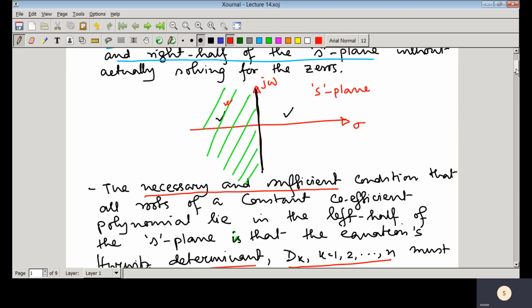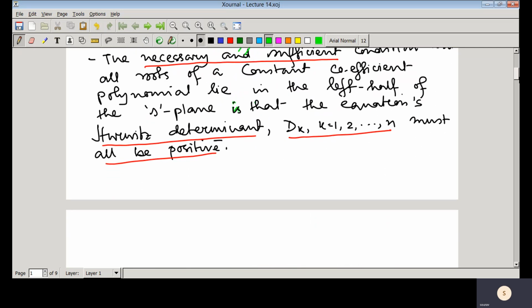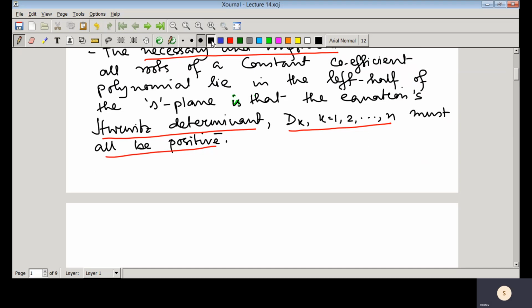So for this particular polynomial, you can see here that the coefficients are a0, then a1, like that, a(n-1), and the highest coefficient, that is an. So using those coefficients, we can form some matrices like a(n-1), then D2, this is another determinant.